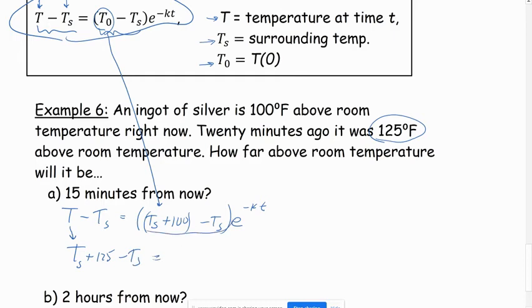And then this all simplifies to just be 100 e to the negative k times 20 minutes. And then the Ts's cancel. We get 125 equals 100 e to the negative 20k.